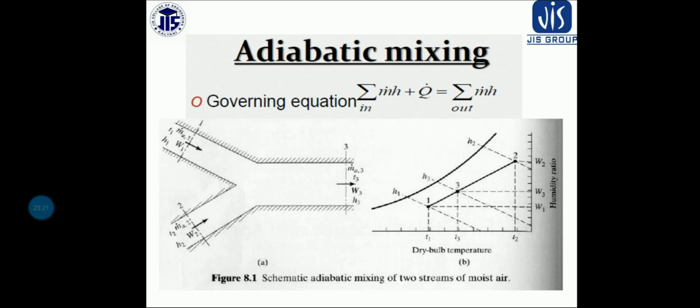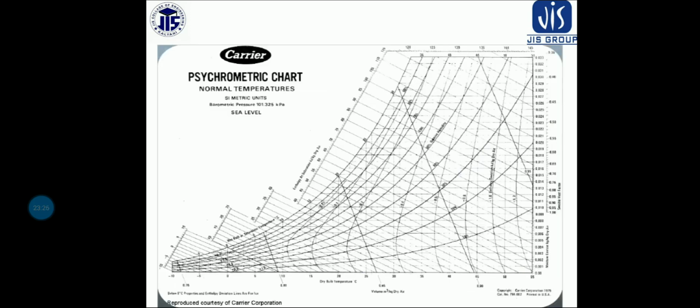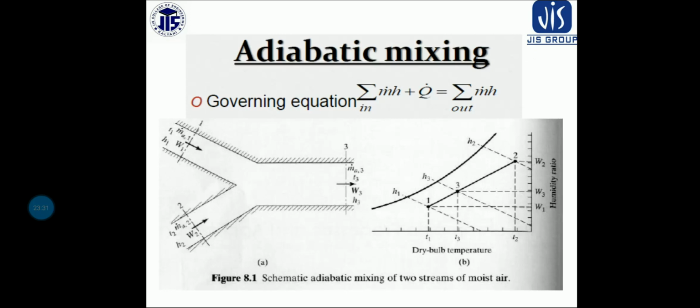Thus we can write these equations: M1 plus M2 is equal to M3, M1 W1 plus M2 W2 is equal to M3 W3, and M1 H1 plus M2 H2 is equal to M3 H3. Okay, so this is all about the mixing of air streams.